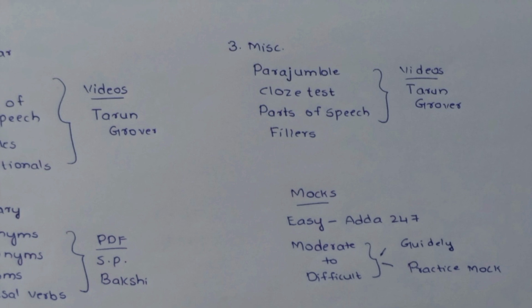If possible, go through all the PDFs that you have. If possible, read editorials. If you feel editorials are boring, it's okay, you can skip them, because even I skipped editorials, and without editorials itself I mastered how to attempt RC because of the PDF course of Guidely.